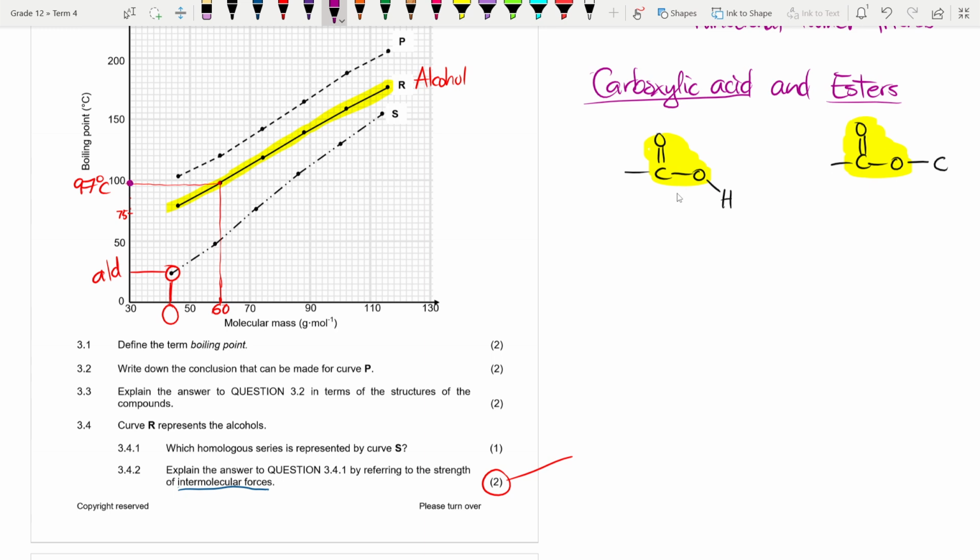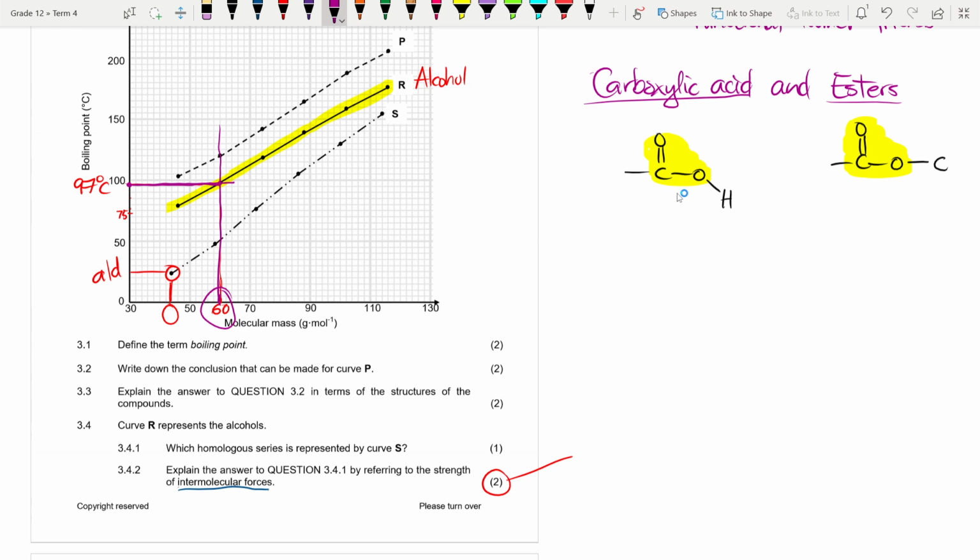And then 97 will be just about there, almost at 100%. Then you go and draw a line where it intercepts curve R. Where it's going to cross curve R, you're just going to draw another line that will go all the way down. And then you can read the value of the molecular mass right there.